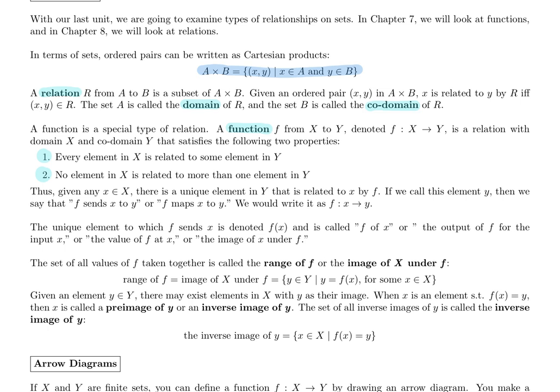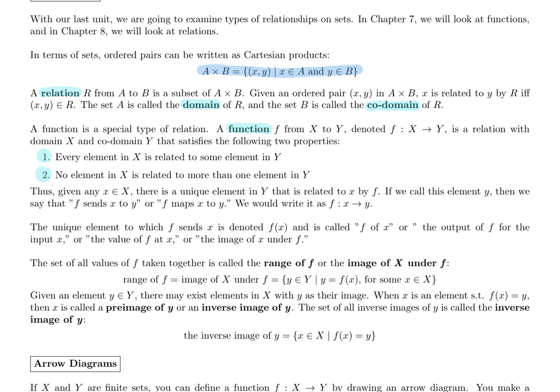So we've talked about a relation, a domain, a codomain, and a function. Now this is a very similar definition to the function that you've heard before. Every x has only one y. That's basically what we're saying in requirement 2.